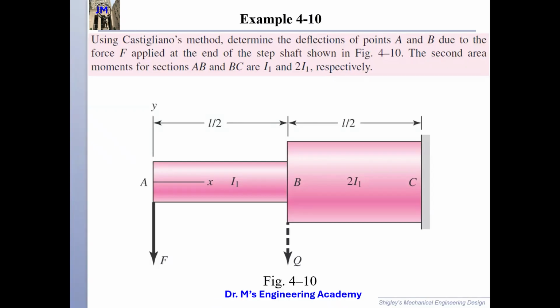Now, we are asked to use Castigliano's theorem to determine the deflection of point A and point B. Point B is the connecting point between this one and this one. Due to the force F, the second area moments of sections A and B are I1 and I2.